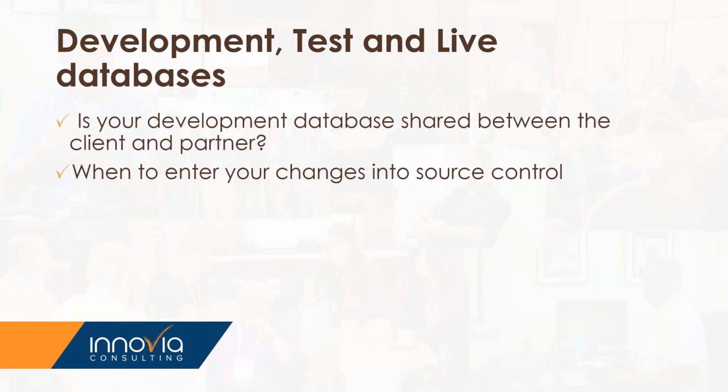There's another method you can use, which is checking these changes in when you move the objects into live. Now, the advantage to that is your source control is going to track the history of the live database. The disadvantage to that is you won't really be tracking in-progress modifications.